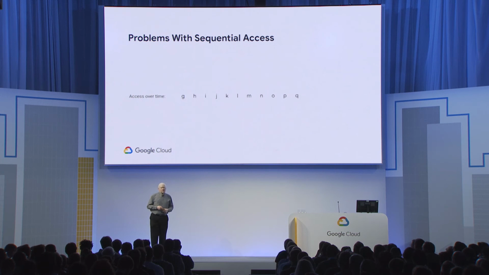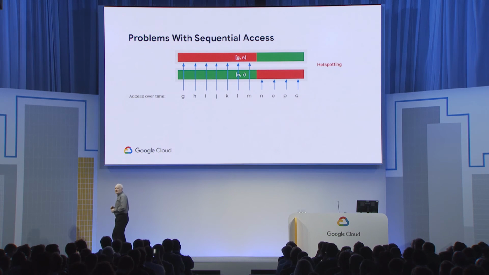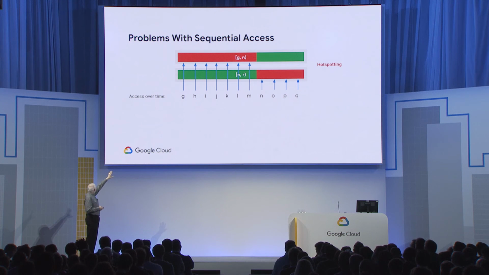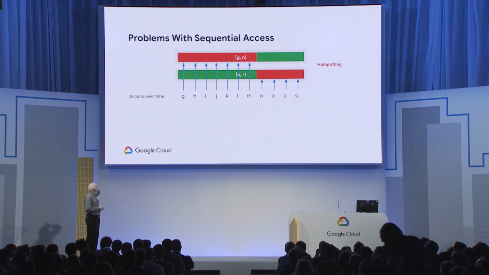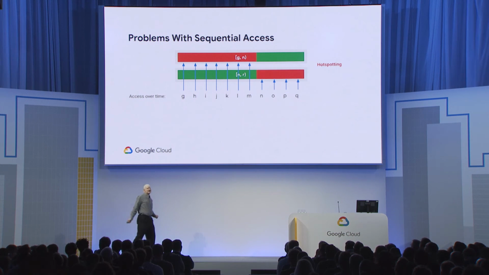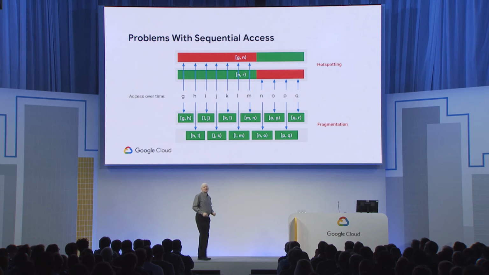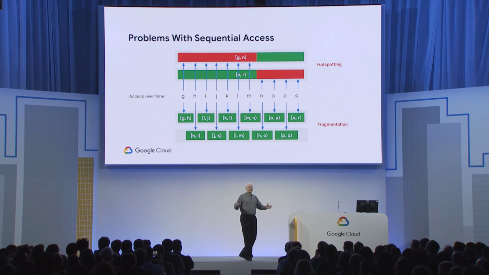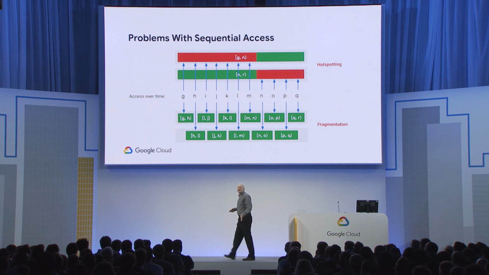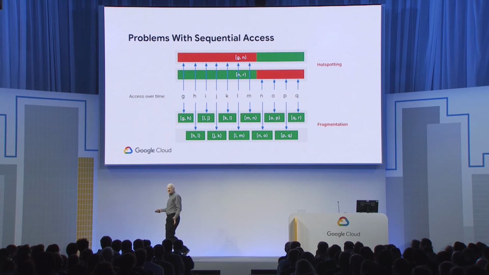So let's talk a little bit about what's really going on and why this matters when you're dealing with an analytics workload. If you've got two shards, and you're doing, for example, lots of sequential access through this namespace, what's going to effectively happen is we're going to start seeing this as hotspotting on the shards. We'll split the shards up into smaller pieces in order to give you uniform performance.